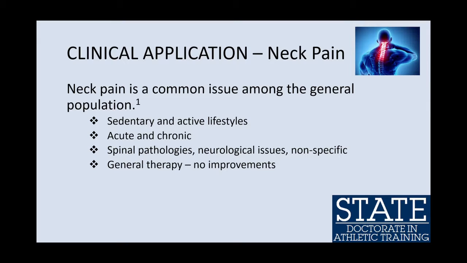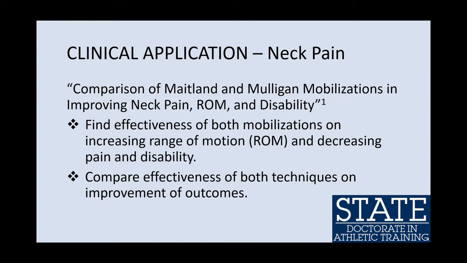It can be acute or chronic, and then it can usually be categorized within these three types of categories. So neck pain caused from spinal pathologies, from neurological issues, or it could be non-specific neck pain, which a lot of the general population has. And then often studies are done with mobilizations because general therapy has shown no improvements for general non-specific neck pain.